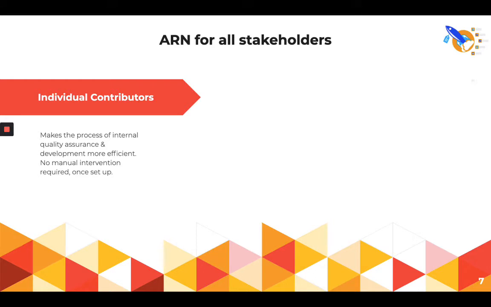The internal quality assurance and development team already have communication happening, but it is not automated. There are manual interventions where people communicate with each other, and again these things fall through the cracks. To avoid it, you can automate this via automated release notes. Once you do the initial setup, no further manual intervention is required.